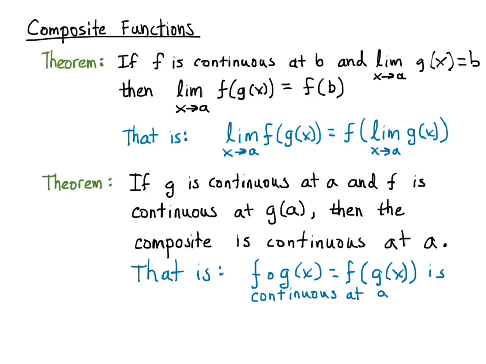So notice the first theorem, I'm only talking about limits. The second theorem is a consequence of those limits being equal, that I meet my continuity question by using the first theorem as the basis of the second theorem.